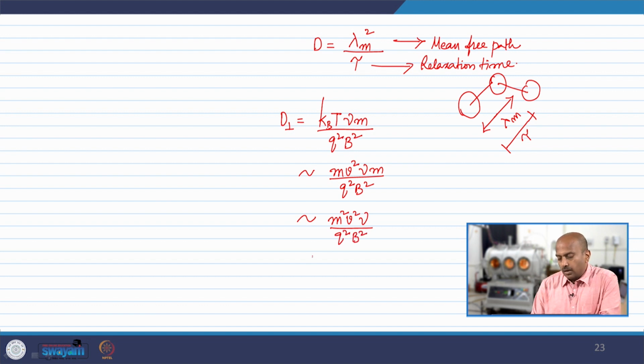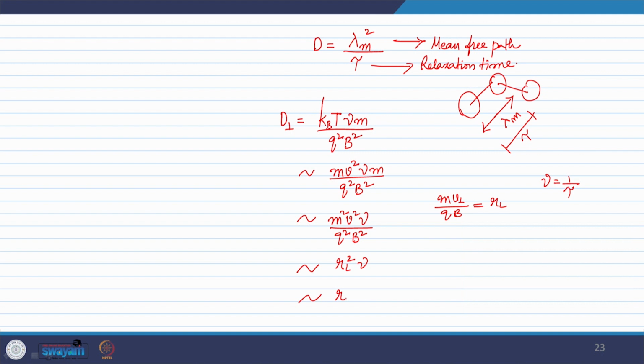This looks in a form that is familiar to us, because m v perpendicular by q B is nothing but the radius of gyration of the particle. So, this is like R L square nu, or nu is 1 by tau, R L square by tau, right.